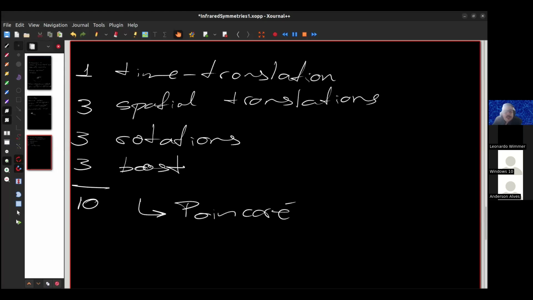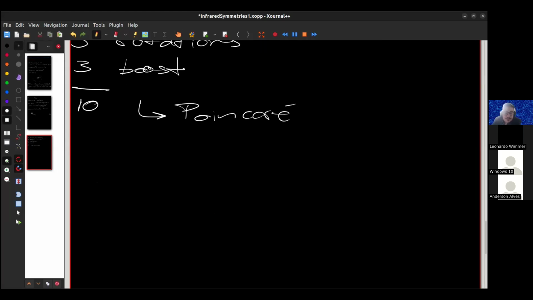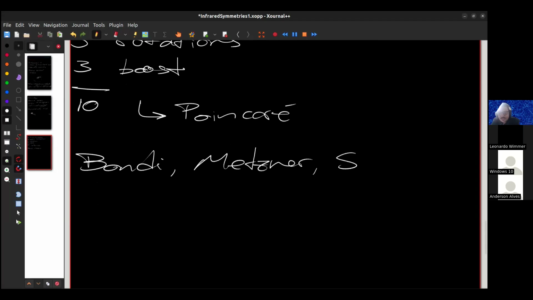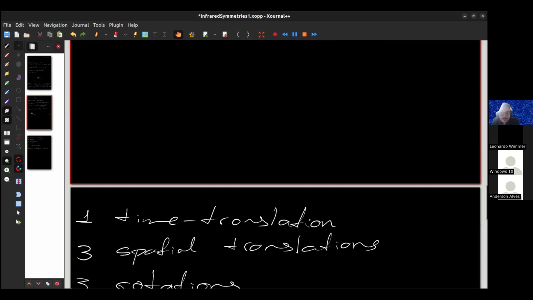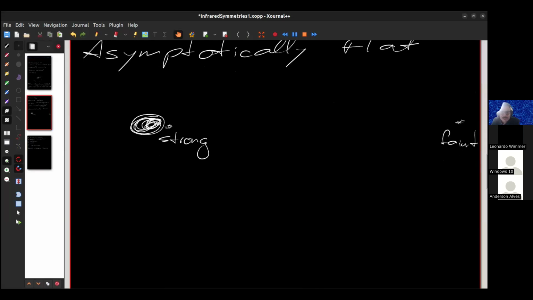And in the 60s, Bondi, Metzner, and Sachs, in a few different papers actually, were trying to understand what are the symmetries of an asymptotically flat spacetime. So when you get very far away from a source and the field gets very weak, what exactly are the symmetries that you still have?